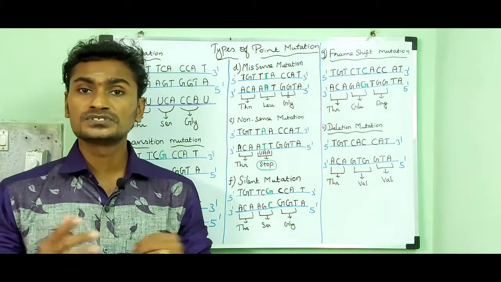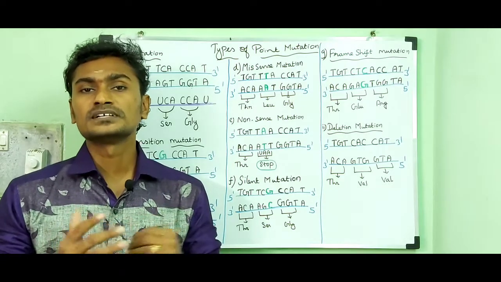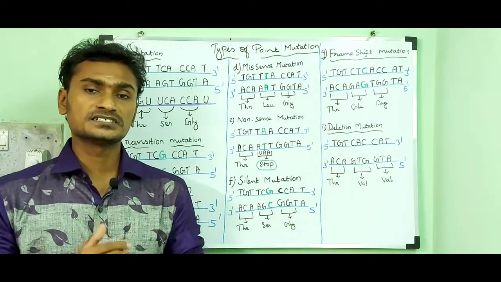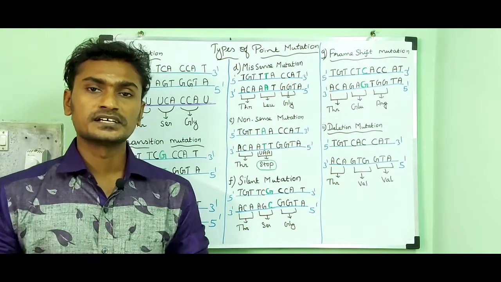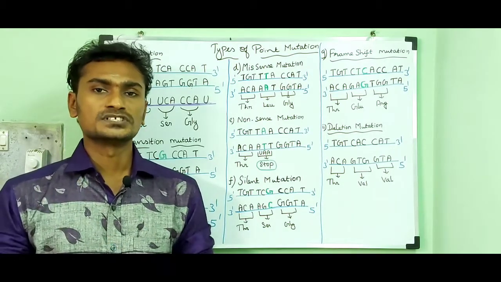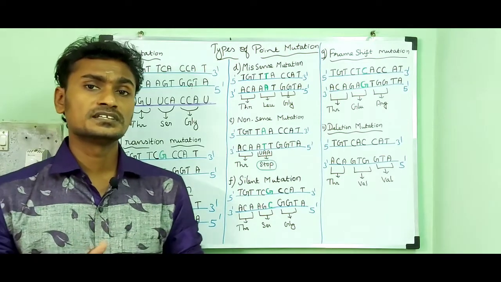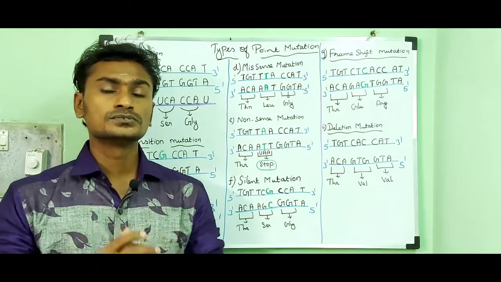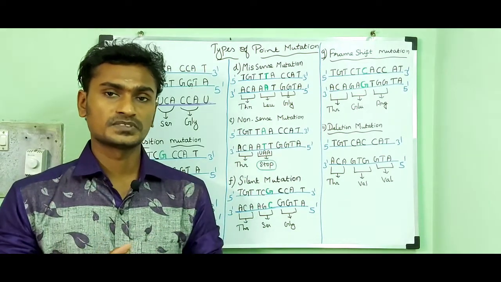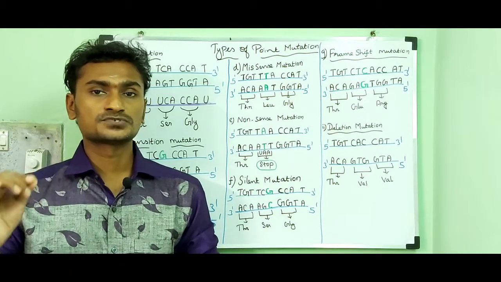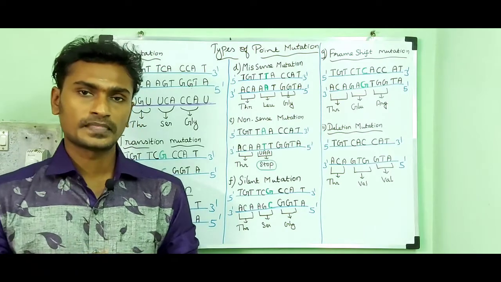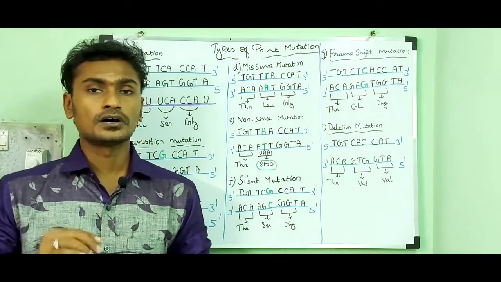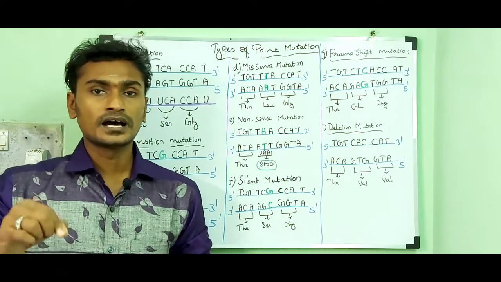So point mutation can be referred to as the changes which occur in a single base pair of DNA. Point mutation in DNA can be categorized into two types. They are base pair substitution and base pair addition or deletion.